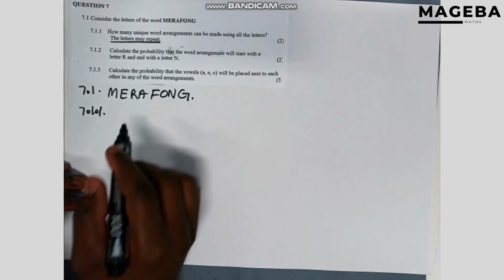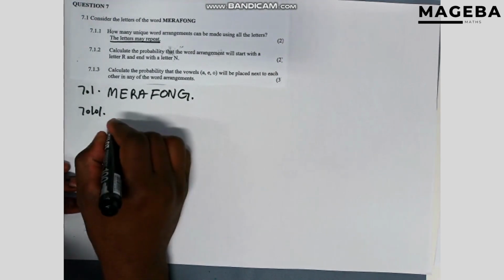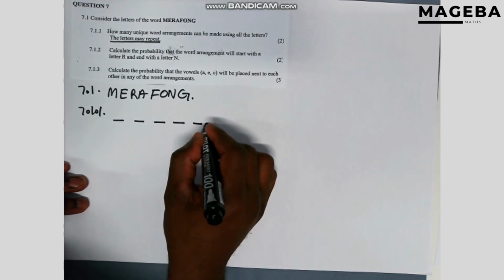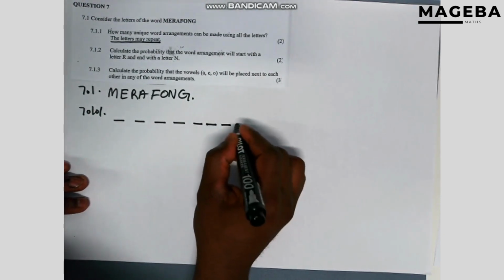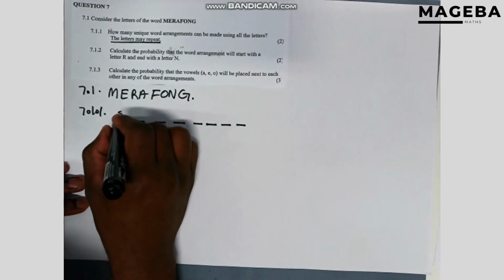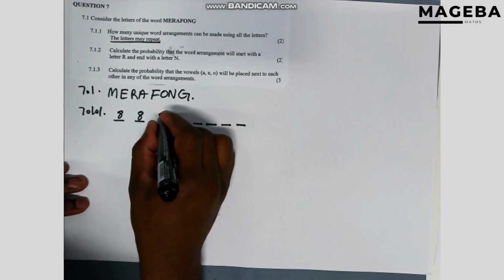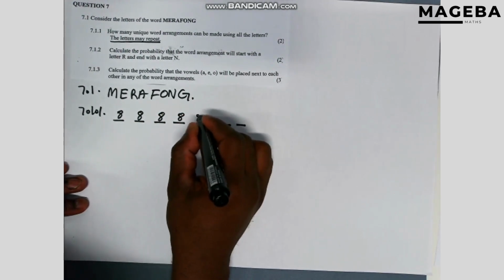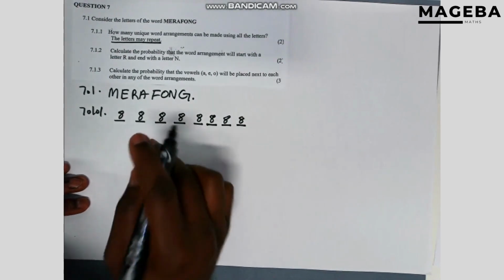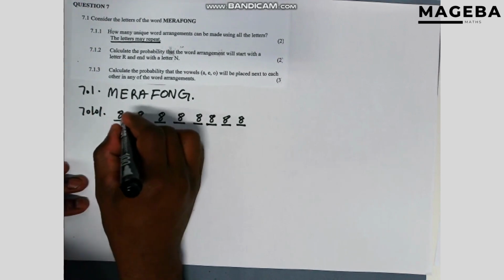Now how many letters do we have here? 1 2 3 4 5 6 7 8. These letters may be repeated, so we have 8 choices each time: 8 8 8 8 8 8 8 8.